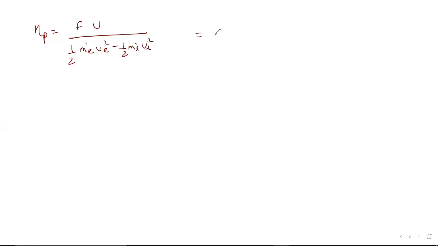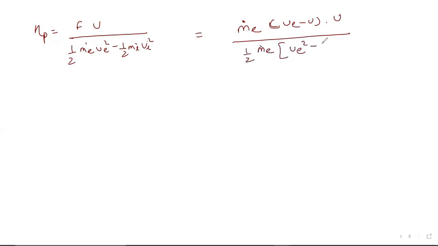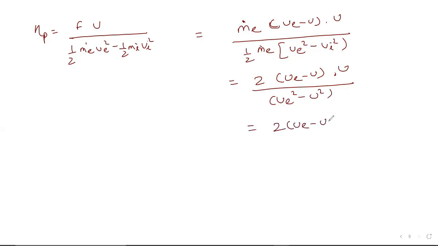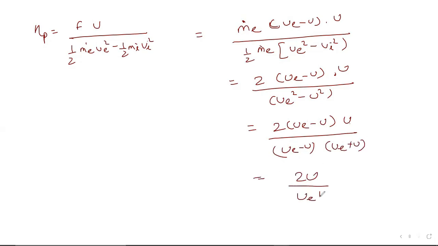Now mass is not changing, so m_e is the mass at exit. F is m_e times (UE minus U), so it is (UE minus U) into U divided by half, taking m_e common, (UE square minus Ui square). Ui is basically U. Cancelling m_e, it is 2 times (UE minus U) into U divided by (UE minus U) and (UE plus U). So it will be basically 2U by (UE plus U).